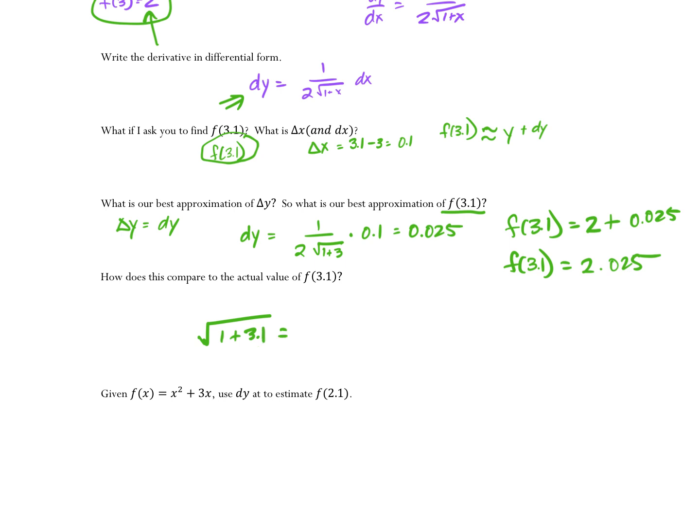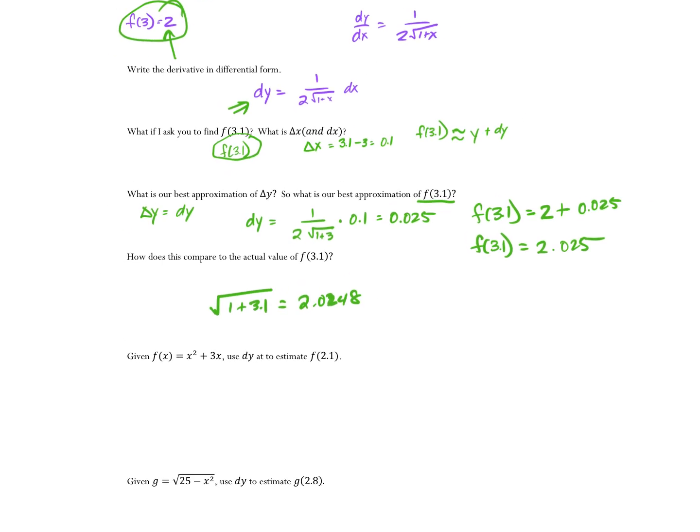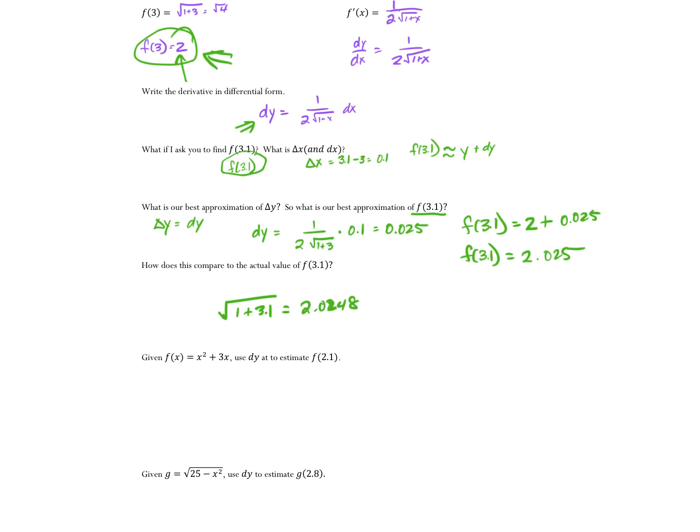I type that into the calculator that you guys can't see, but it is sitting right next to me. I get 2.0248. So the basic process is we use the differential form and the easy answer to estimate these different values. Let's look at another example.